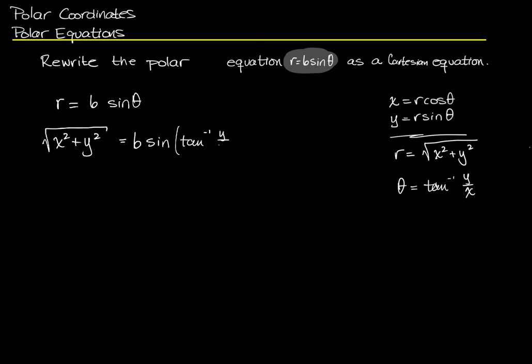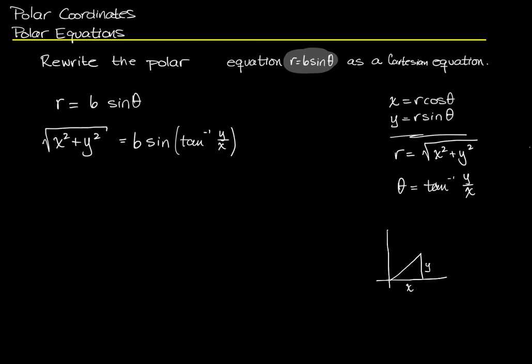Now, technically, this equation is in Cartesian form, but I still have some trigonometric stuff going on here. So I could do this the hard way and see if I could figure out if tangent is opposite over adjacent, that's y over x.